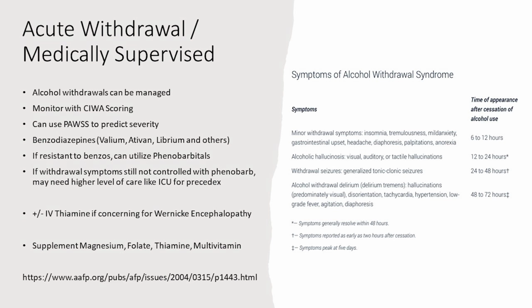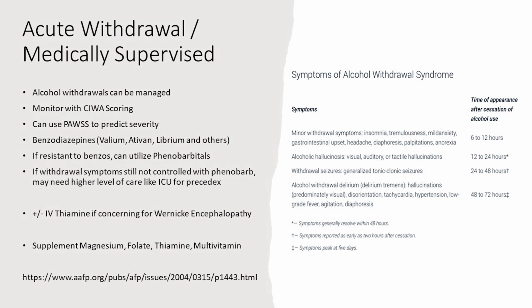So initially you can use what is called a CIWA scoring and monitor their signs and symptoms of withdrawal. And that's when you know when to treat that with a Valium or Ativan or Librium. Those are benzos. Those will be your first line in treatment for withdrawal that is severe. If the benzos look like it's not working or not getting the job done, you can switch to phenobarbital.